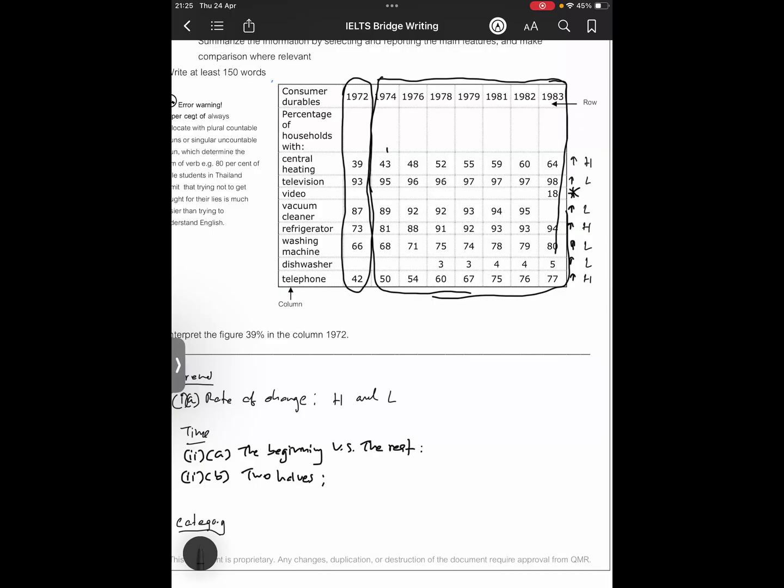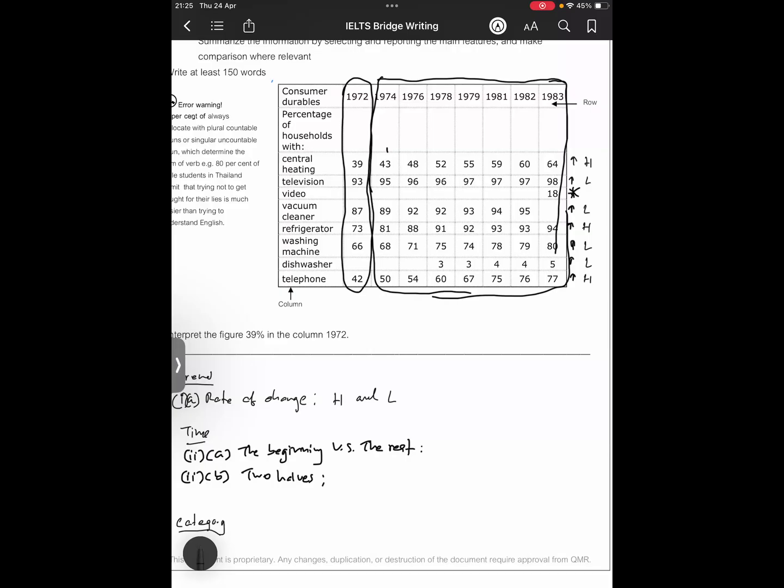Okay, so that's the kind of sentence that you would write in the first paragraph, but for this next paragraph, you'll be looking at changes in the figures. So you're going to switch to different structures and a different vocabulary set. So you will say the percentage of television owners went up.